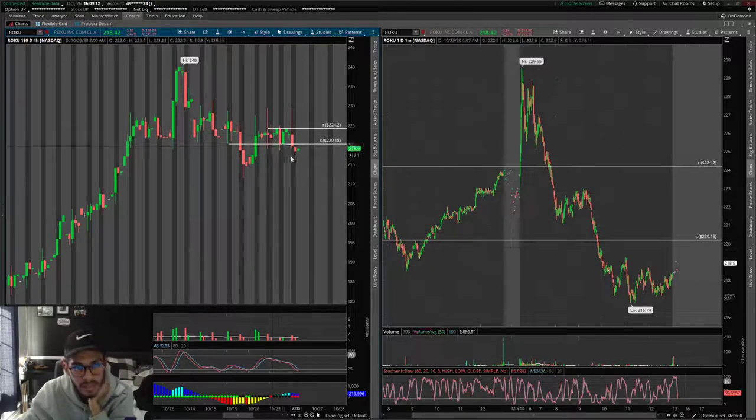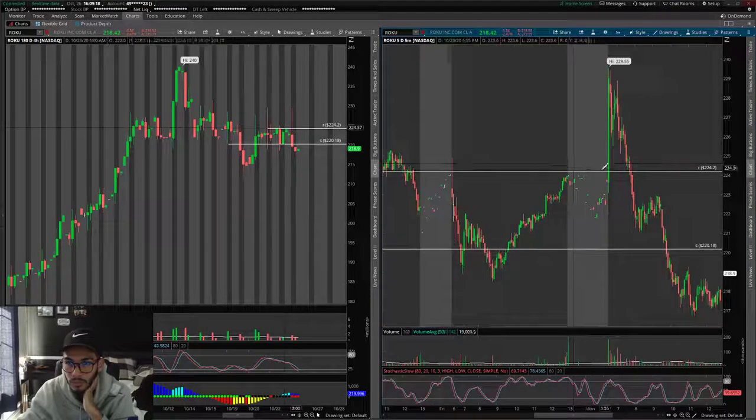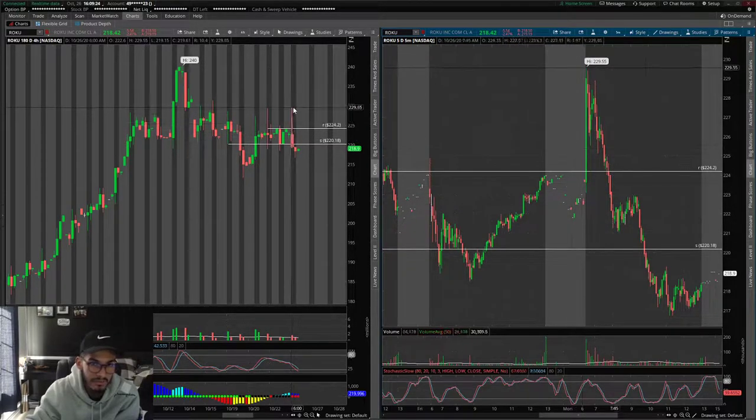So this is the range I was looking to play on Roku. And at market open, Roku looked really good. Looked like a really solid play. But as you guys can see on a higher time frame, it was just completely a fake out. So we opened up here.